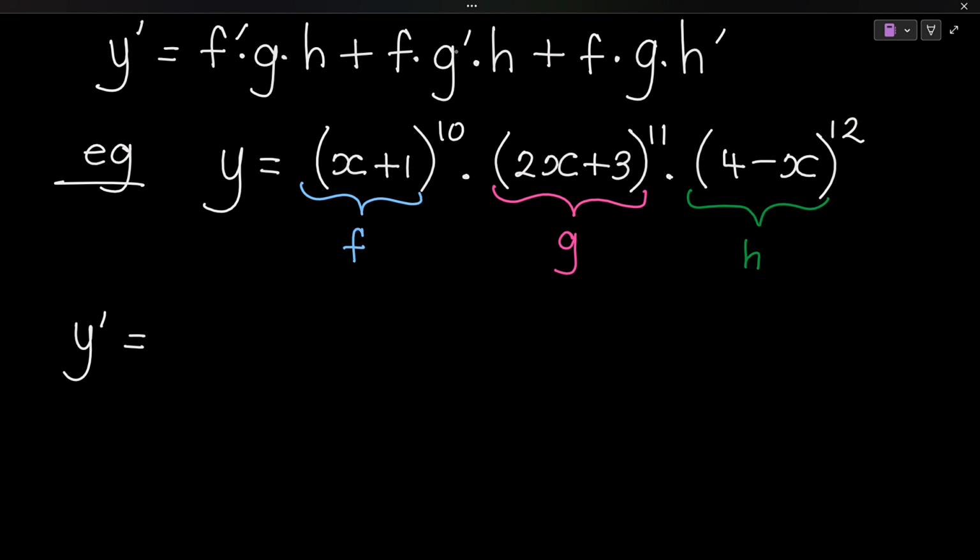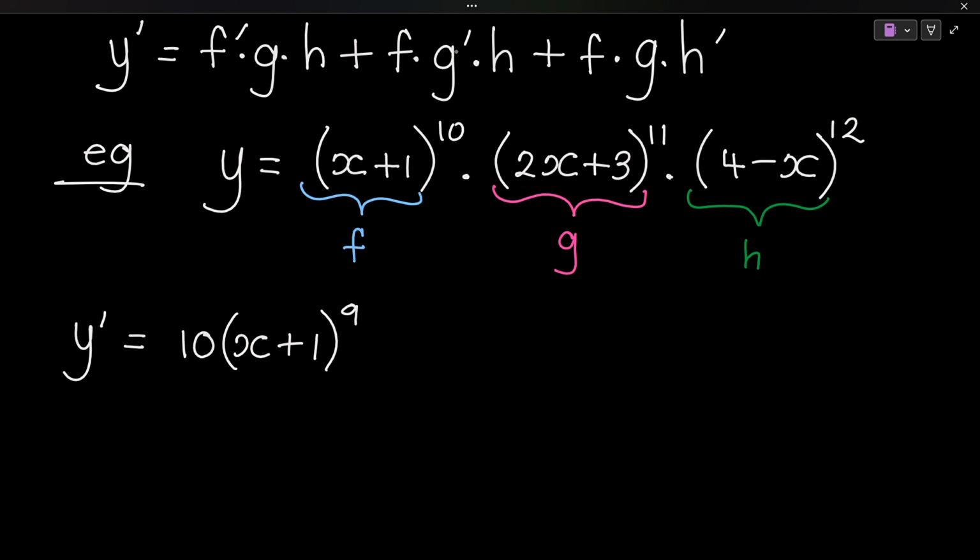So to differentiate this function, we're going to take the exponent and multiply it with the coefficient. If there is no coefficient shown in front of the bracket, we know that it is 1. So we're going to have 10 times 1, which is 10. We'll keep this bracket as is, and we are going to minus 1 from the exponent. So the exponent now becomes 9.